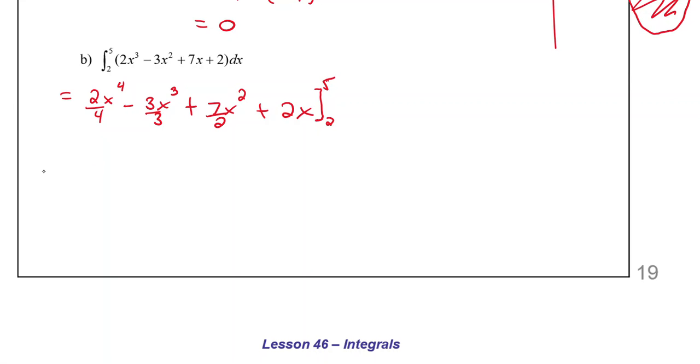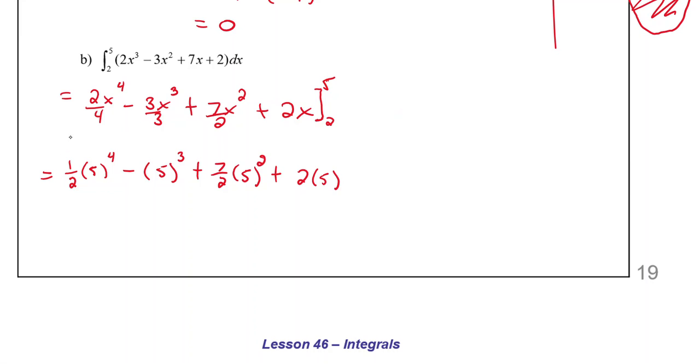So then we'll just fill this in. So this is equal to, and 2 over 4, I'm going to call that 1 over 2, times 5 to the power of 4 minus 5 to the power of 3 plus 7 over 2 times 5 to the power of 2 plus 2 times 5.